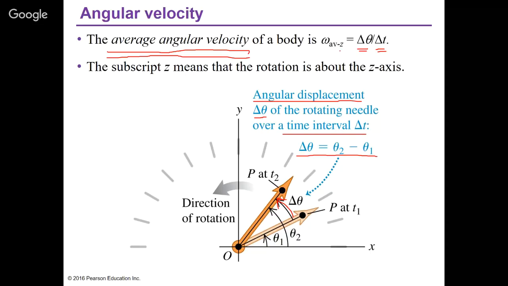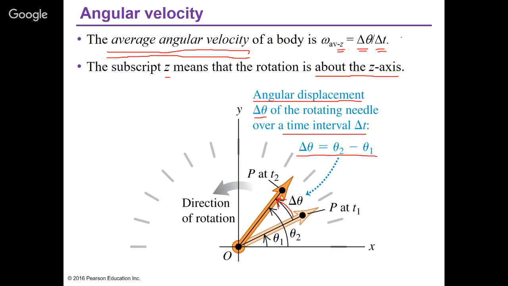It is worth noting that the subscript z here means that the rotation is about the z-axis. For any given rotation, there's always one axis that the object is revolving around.